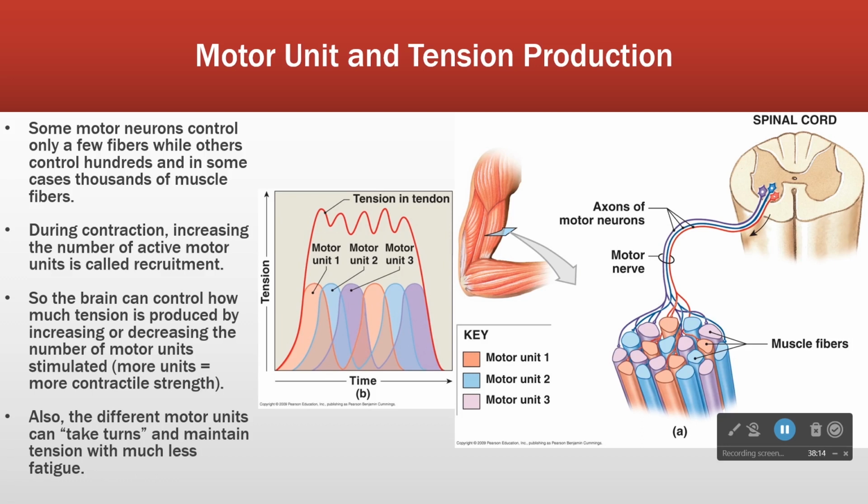We see this in our exercise routines, right? If you lift as much as you can possibly lift, you can't do it for very long. But if you lift half of what you can lift, you can hold that for quite some time because of the recruitment and the motor units taking turns.